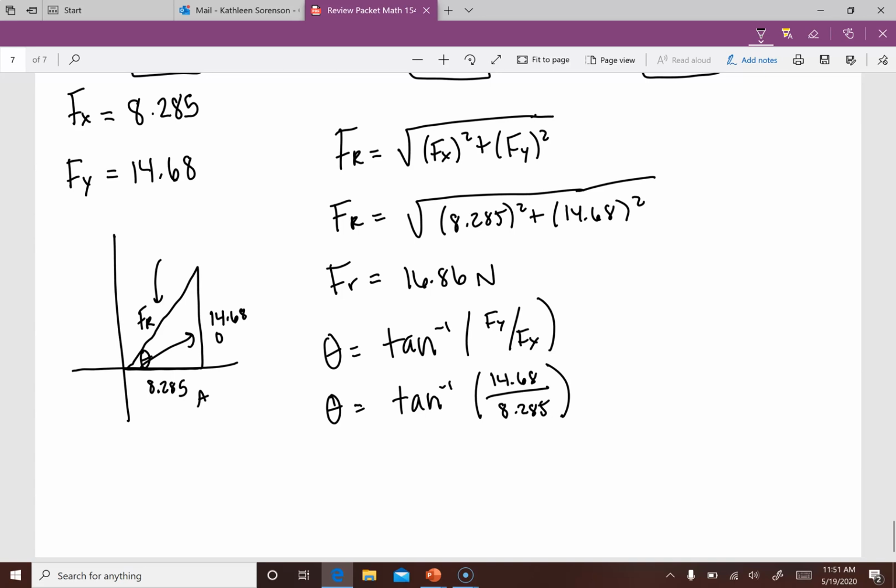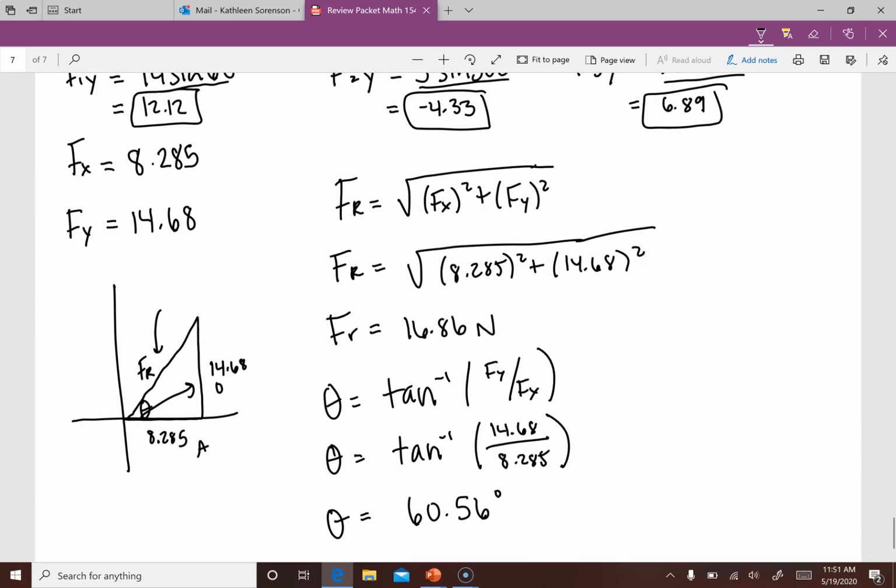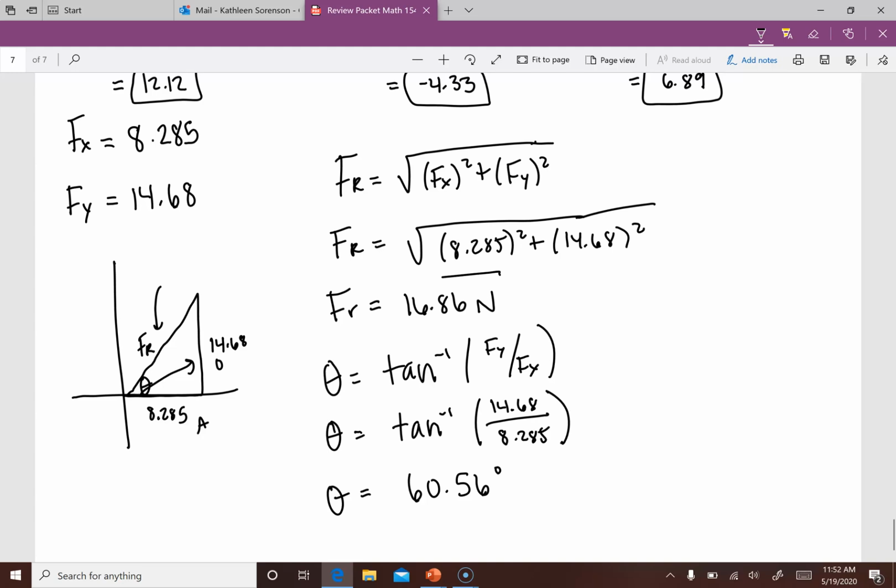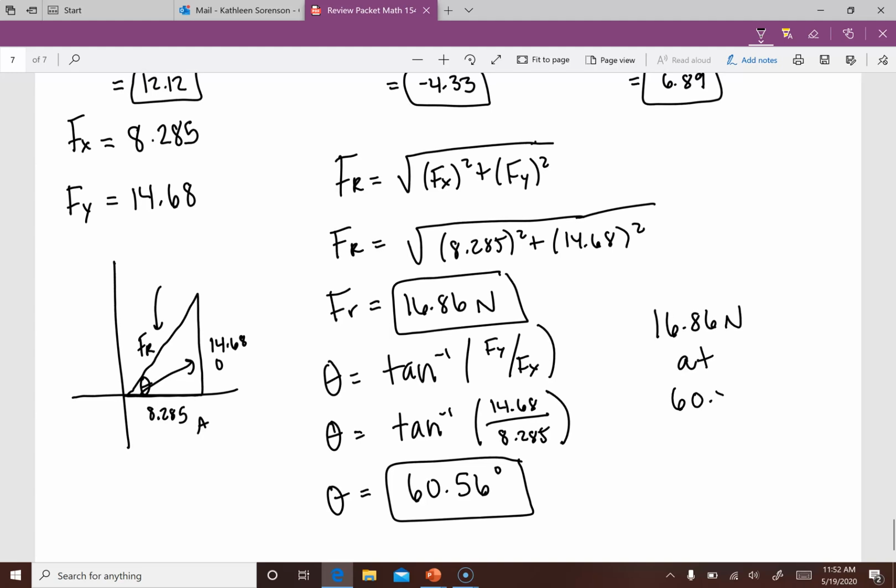And here I get a theta of 60.56 degrees. Usually we have to make sure what quadrant we are in, subtract from 360 or 180, but in this case we're in the first quadrant. That's simply going to be the answer. So our final answer is 16.86 newtons at 60.56 degrees.